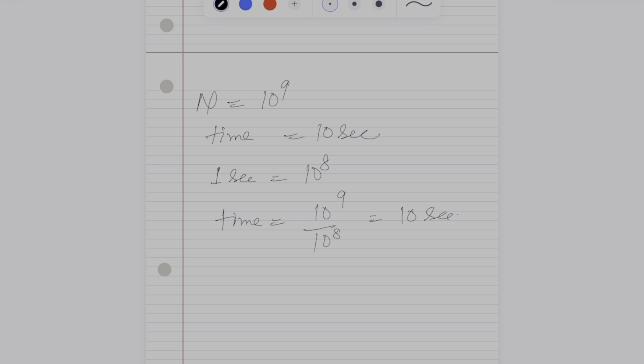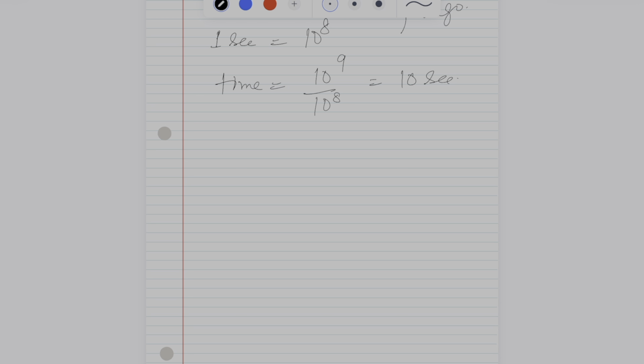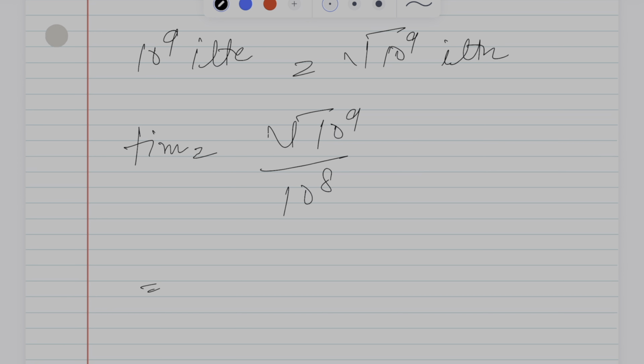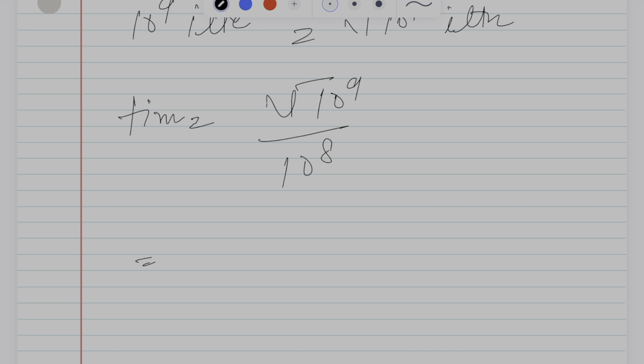Now, with our new algorithm, if we have to do 10 to the power 9 iterations, it will be equal to root of 10 to the power 9 iterations. So let's calculate. The time will be equal to root of 10 to the power 9 divided by 10 to the power 8, which will be 10 to the power 5 divided by 10 to the power 8.